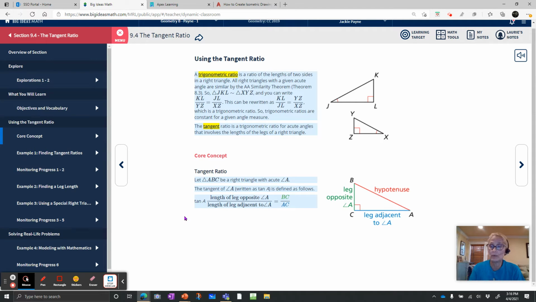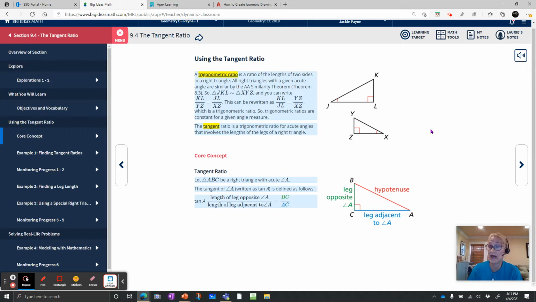So if we wanted to write what we're going to call the tangent ratio, we've got this triangle with acute angle A. The tangent of A is equal to the length of the leg opposite angle A divided by the length of the leg adjacent to angle A. And so we could write BC over AC.